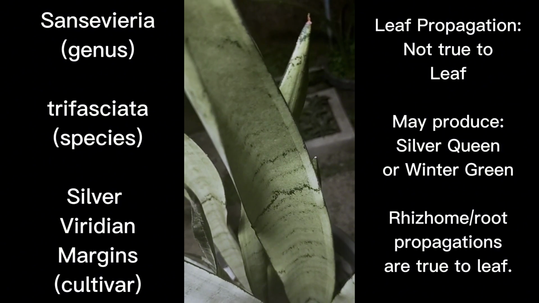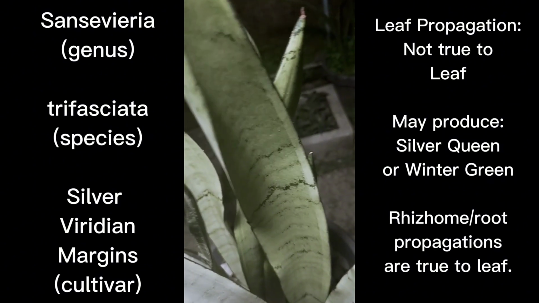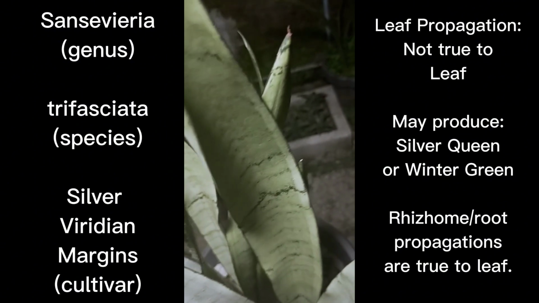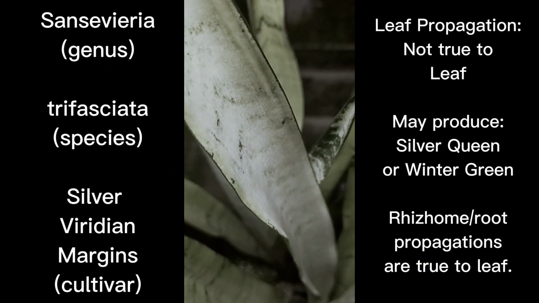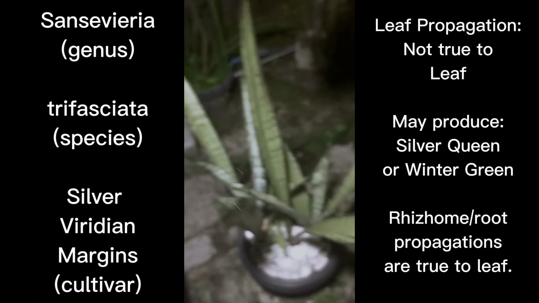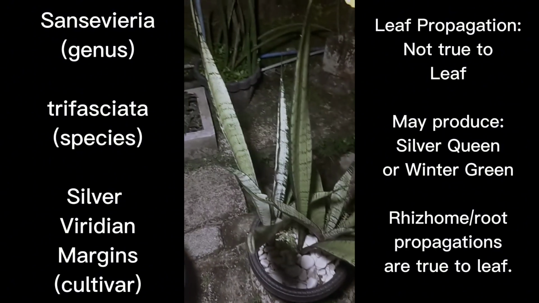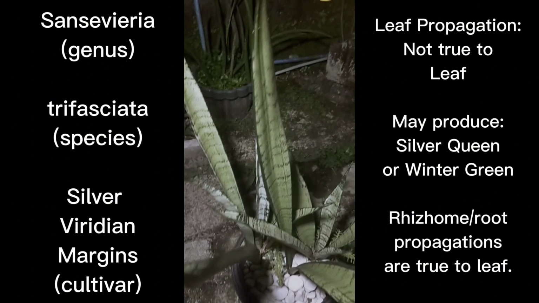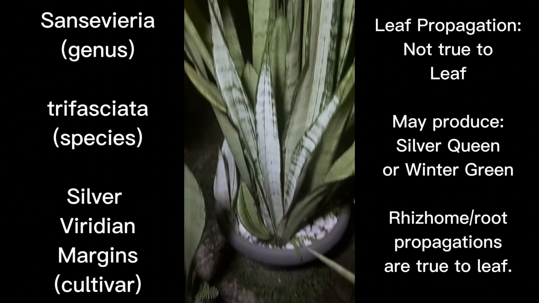Apart from the pale green base coloration, you would see a white margination on my clump of supposedly Silver Queen, and beside it is another clump of my trifasciata Silver Viridian Margins.